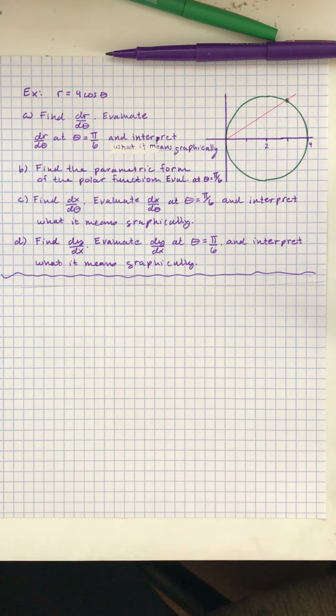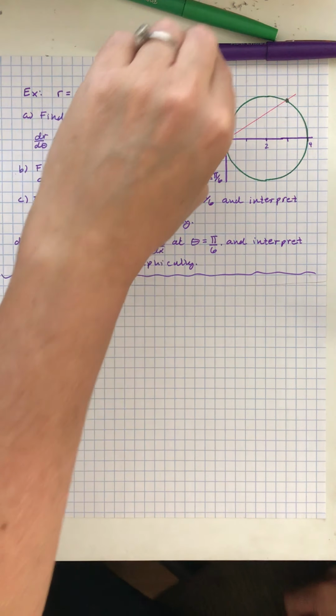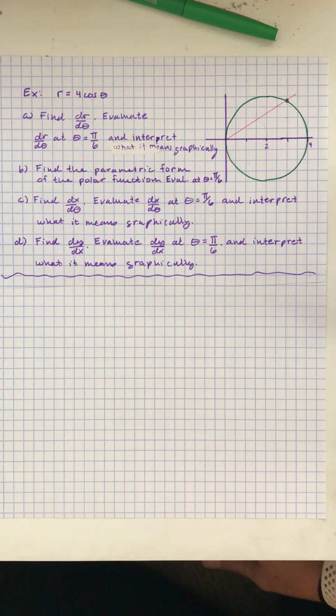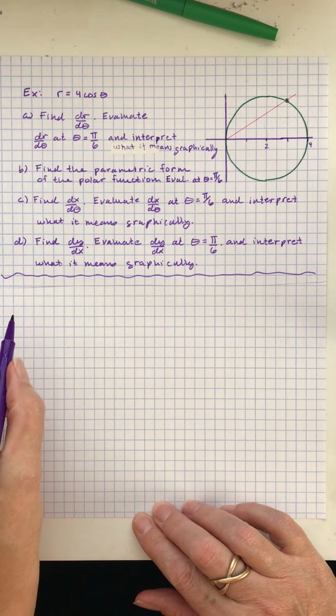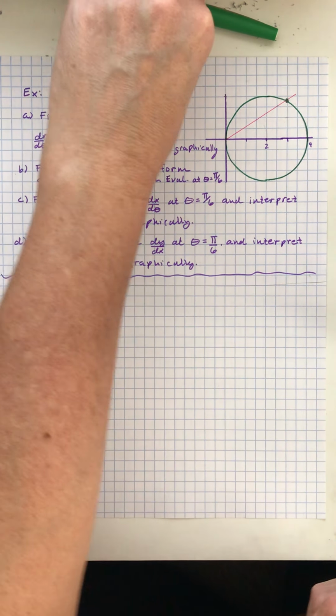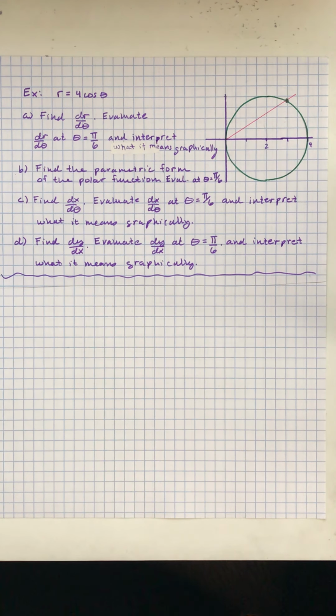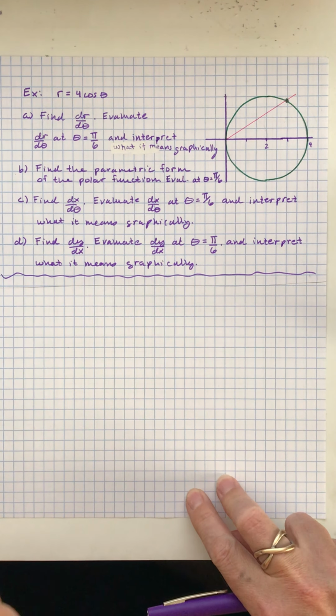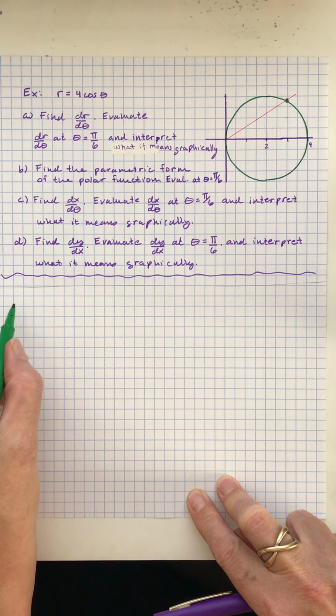This is a video of an example of a polar function and taking derivatives of it. So the first question is to find dr/d theta and evaluate it at pi over 6.